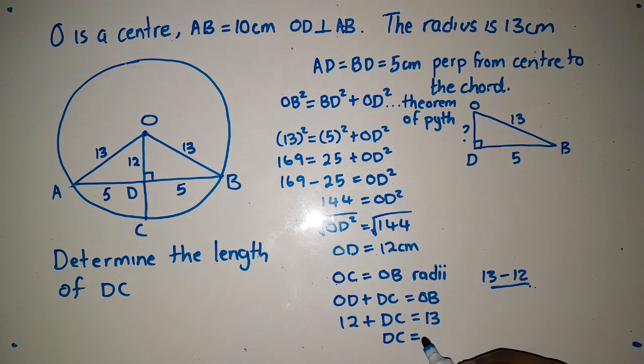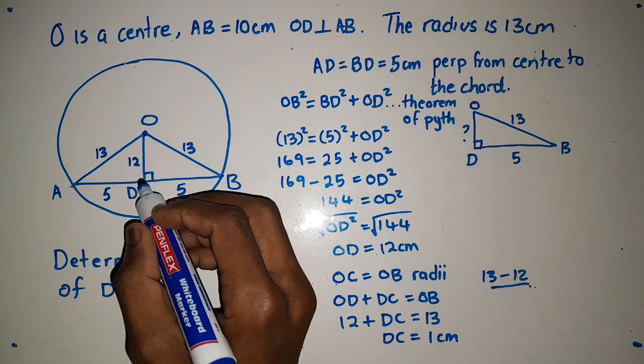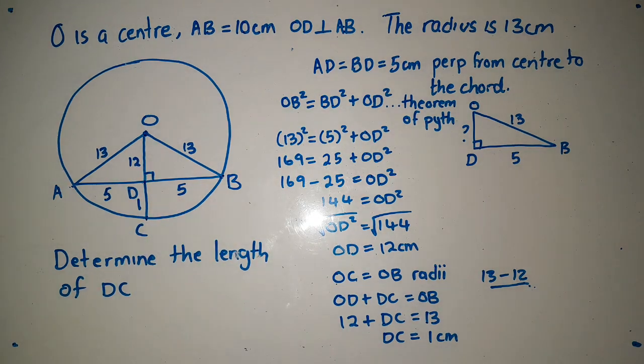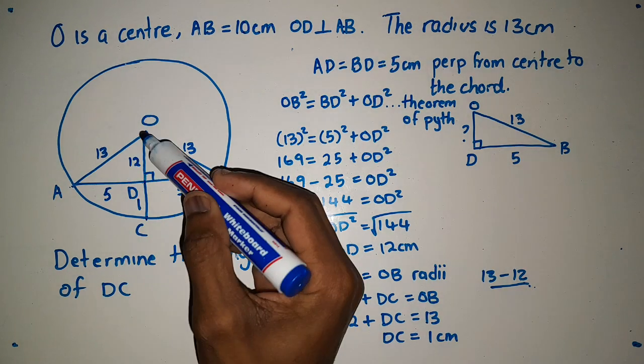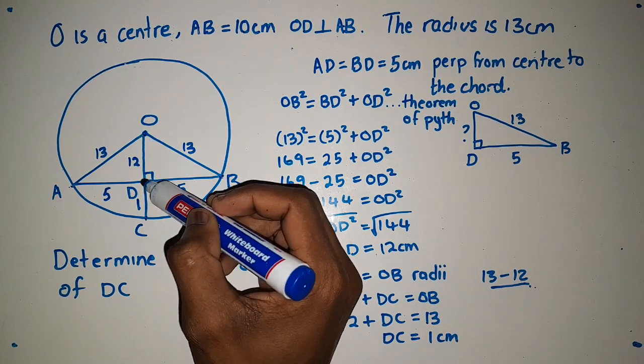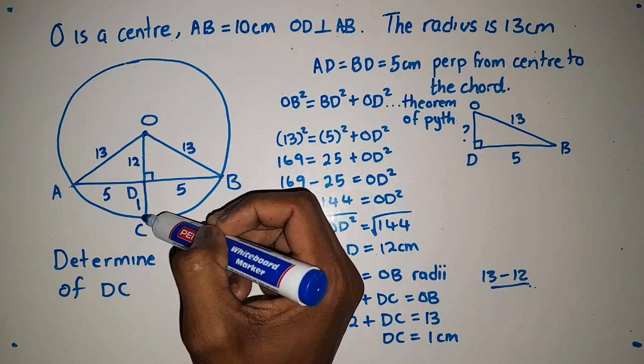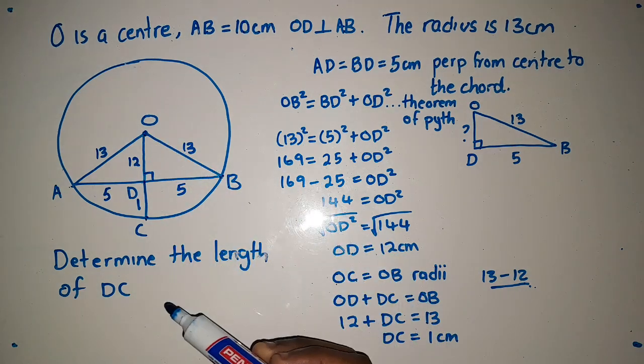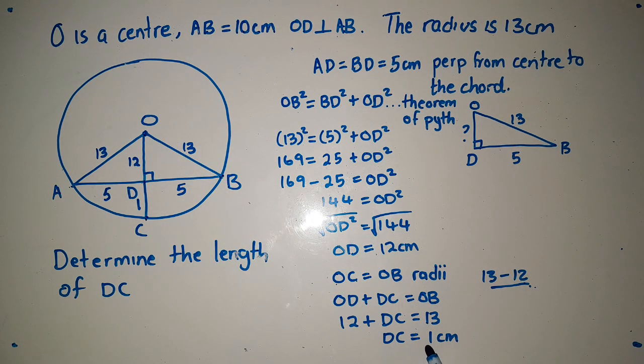Then 13 minus 12, we get 1 centimeter. Then our DC is going to be 1 centimeter, which is true, because if we add 12 together with 1, we are going to get 13. Just like this, we have managed to answer this question.